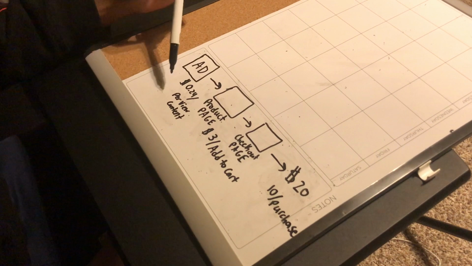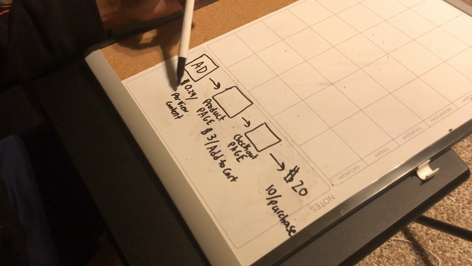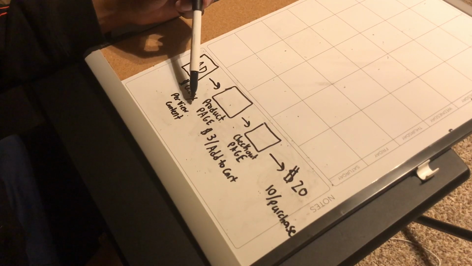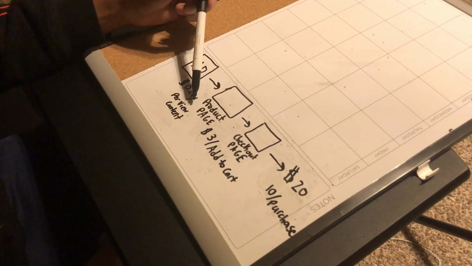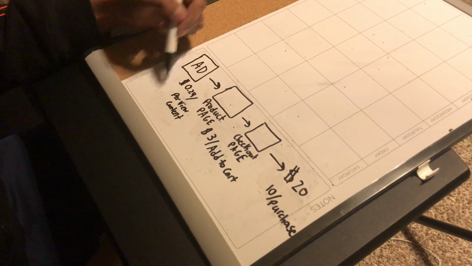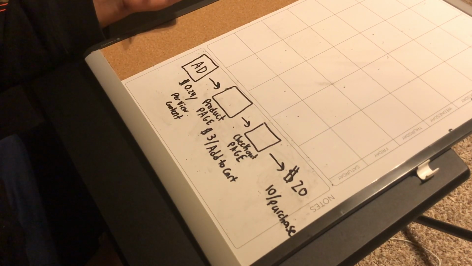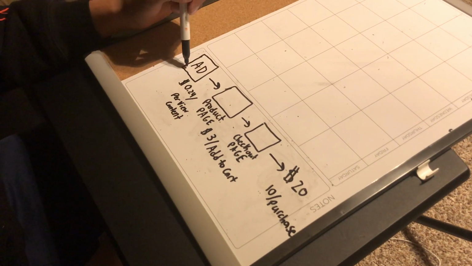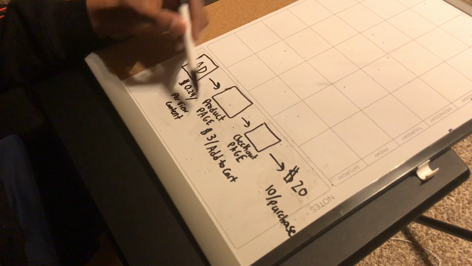Then you go up the funnel to view content, and you try to get 15 to 25 view content per week. And if you can do that, then you set your ad set to optimize for view content. And that's how it goes, guys. So if you optimize for view content, that means Facebook's going to take people who are going to click your ad and view the product page.